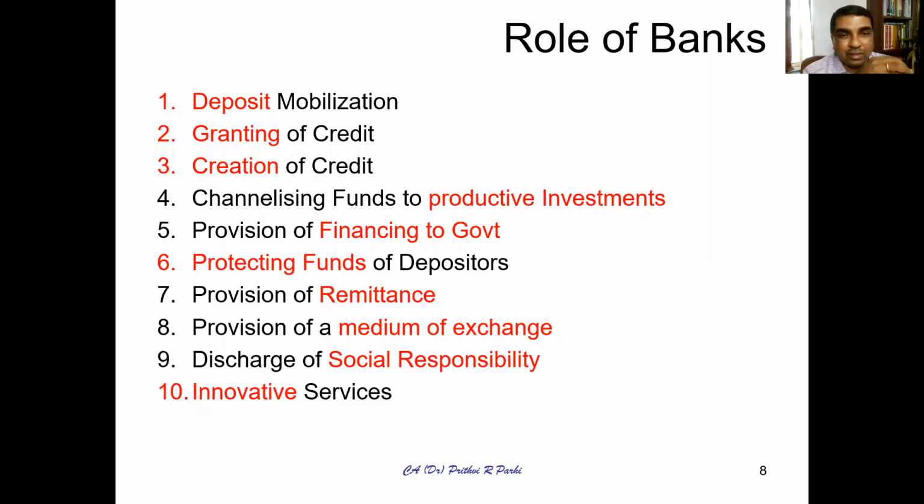Now, friends, the next point is about provision of financing for government. Banks also finance the government, various government departments, and also business houses. That is one more major function. And you know, when our central bank regulates, it has certain tools or levers with the help of which it regulates the banking system.